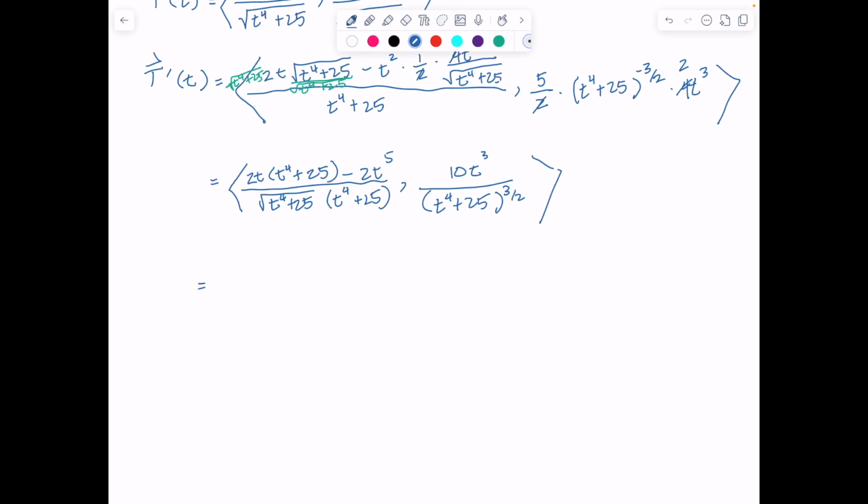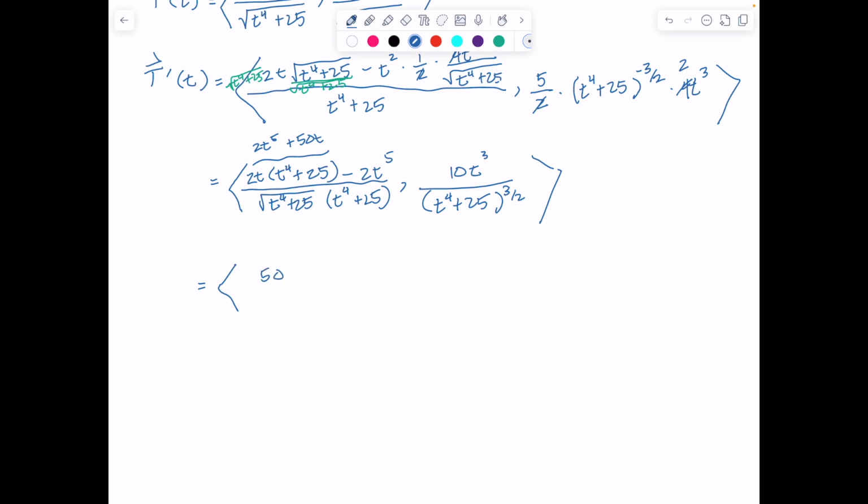Continuing to simplify the first component, this here will give us 2t to the fifth plus 50t. So those 2t to the fifths zero out.